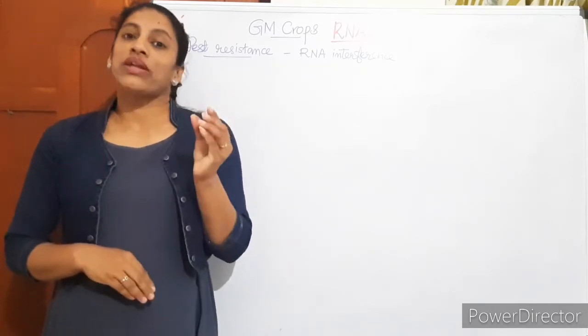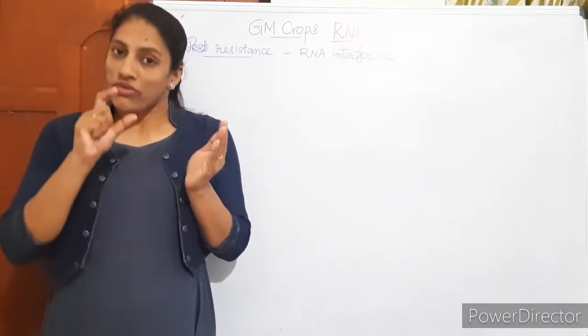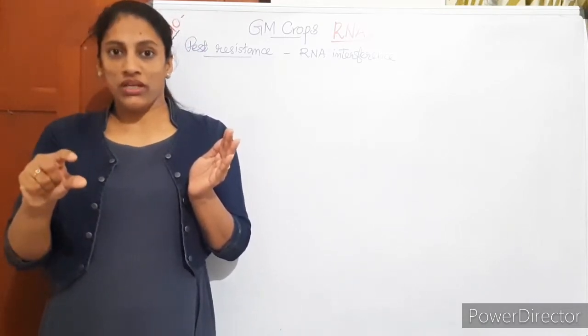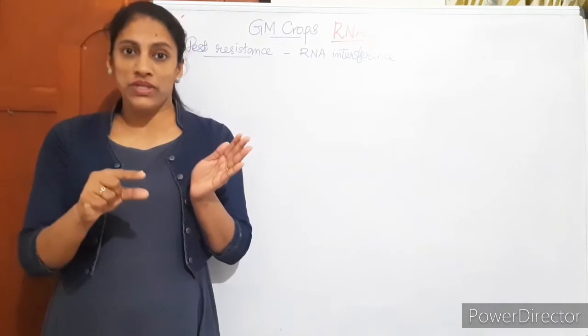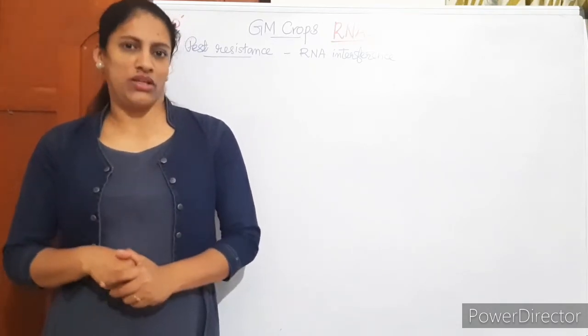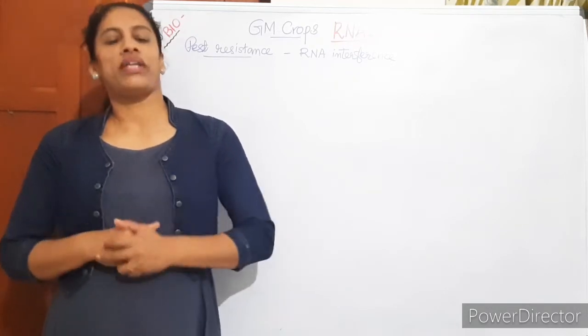That means a particular DNA segment forming the protein will be first transcribed to RNA, then it is translated to the toxic protein. You know the fact. But here what happens?